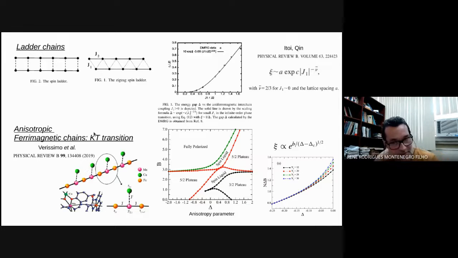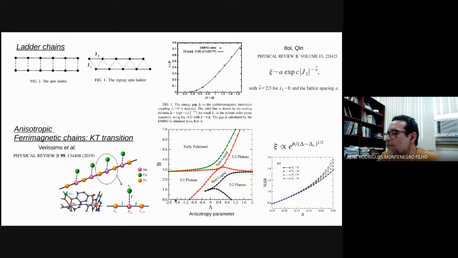Another case that's found in some anisotropic ferrimagnetic chains, here I put one example, is that this gap closes and the system goes to, before the decoupling, if you want, a gapless phase with a power law decay of the correlations.